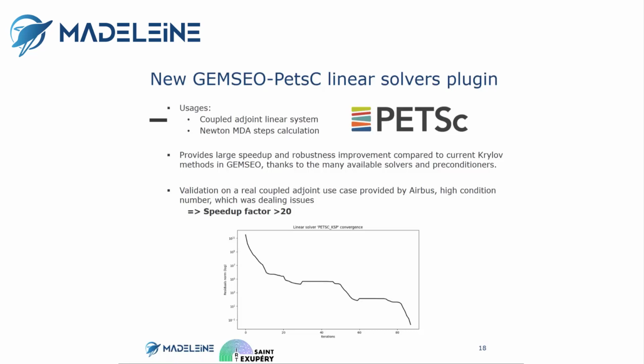We also implemented a wrapper of the PETSc solver to be able to use state-of-the-art linear solvers. And Airbus provided us a real coupled adjoint test case based on GEMCO, and we could fix the convergence issue on this stiff problem and get a speed-up factor of 20.